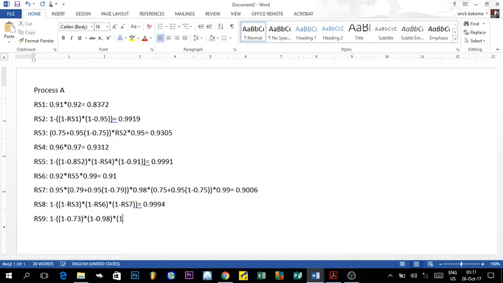So it's 1 minus 0.98, and the value that we get is supposed to be 0.9999. So we have 4 nines. So this is the reliability of system 9.